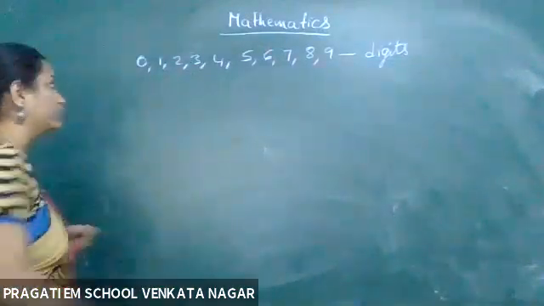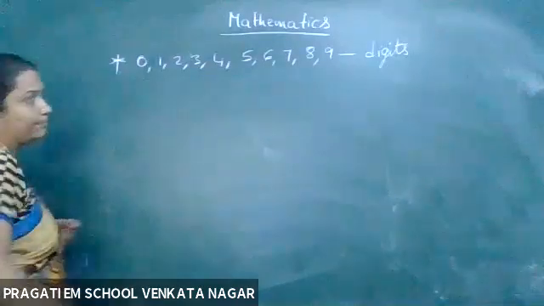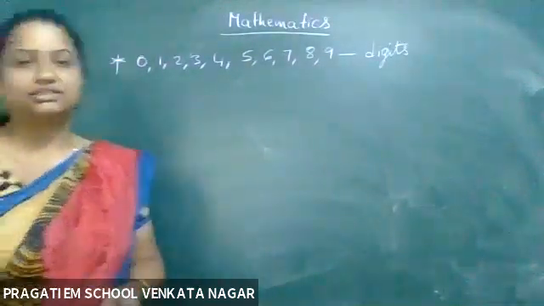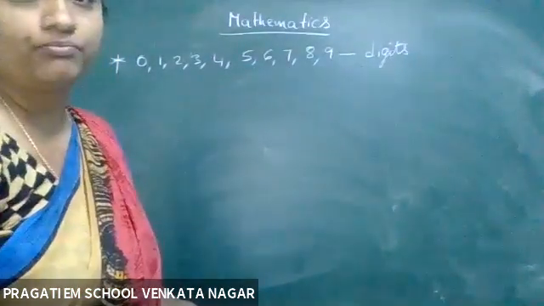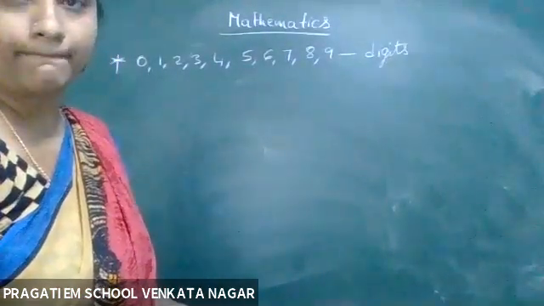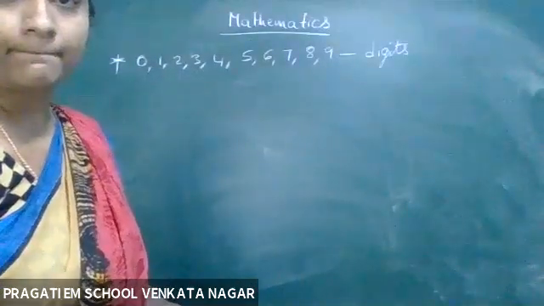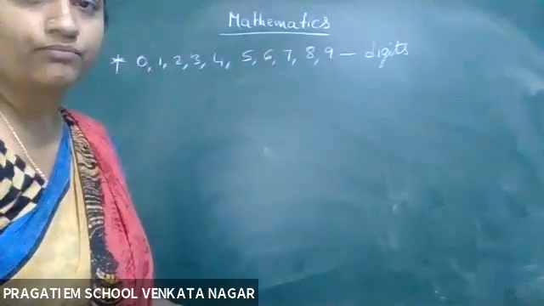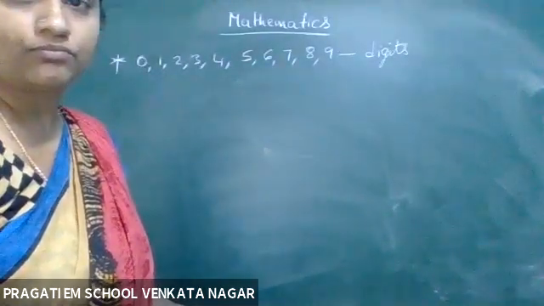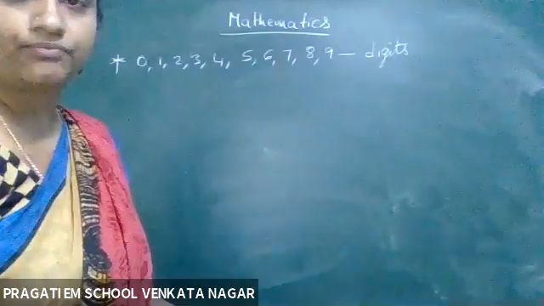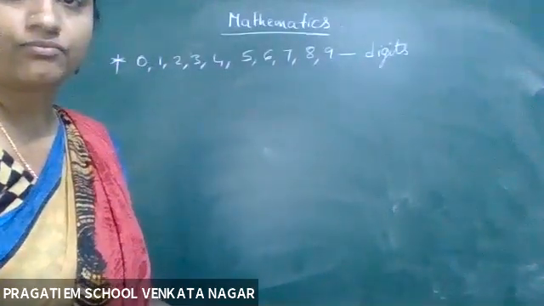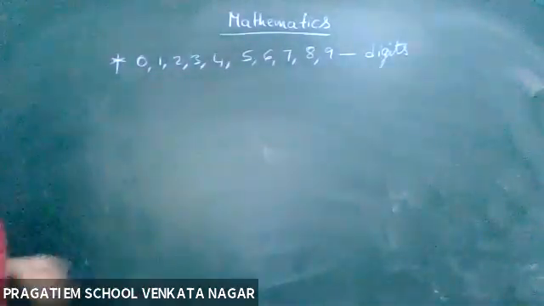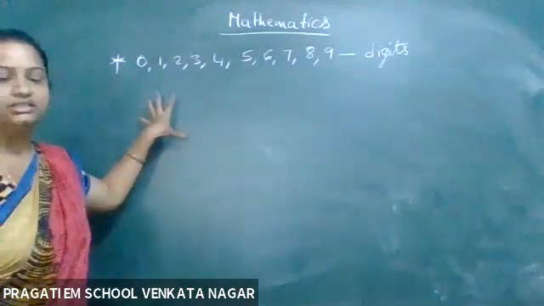All of you make a note of it. 0, 1, 2, 3, 4, 5, 6, 7, 8, 9 are called digits.